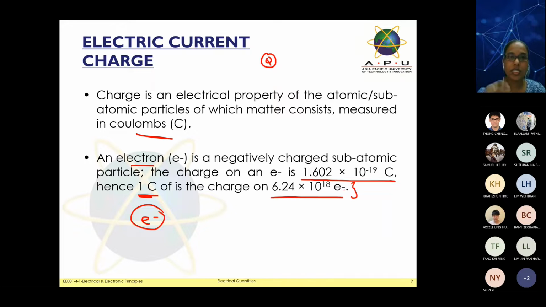Normally electron charge is said to be 1.6, but when counted in coulombs, it represents 6.24 times 10 to the power of 18 electrons. This is the unit that you need to know. Sometimes when you do a calculation, this value is not given to you, so you need to remember it. Just take note about this part here.